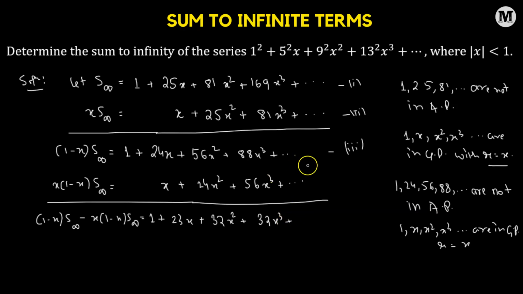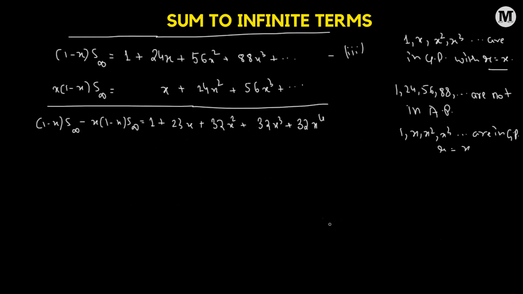Now if we extend the terms, we will see that we are going to get the next term as 32x raised to the power of 4. Now here on the left hand side we will simplify this. So we have 1 minus x, and we'll take 1 minus x times sum up to infinite terms as the common factor. So this gets multiplied to 1 minus x. This will be equal to 1 plus 23x.